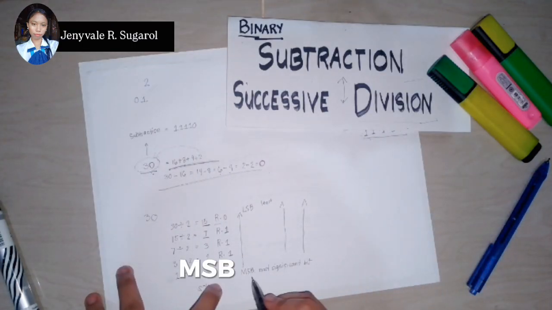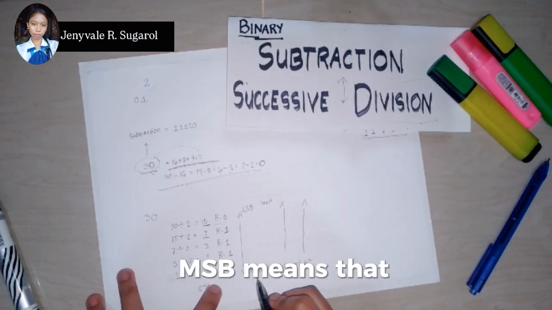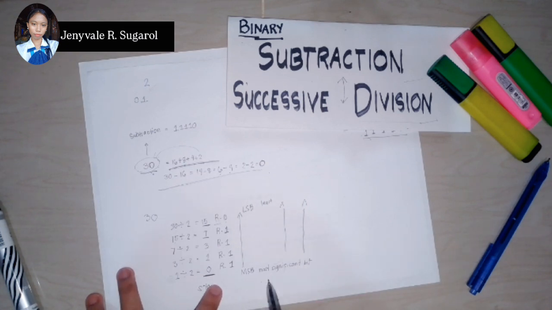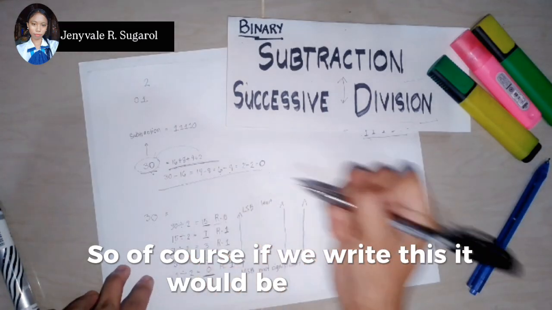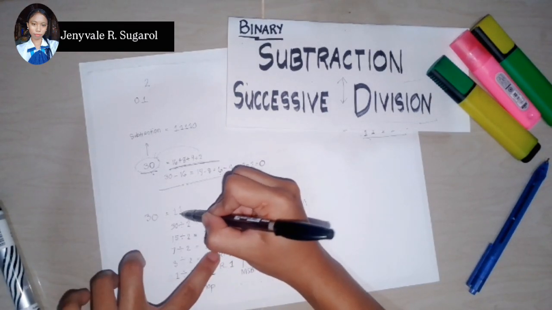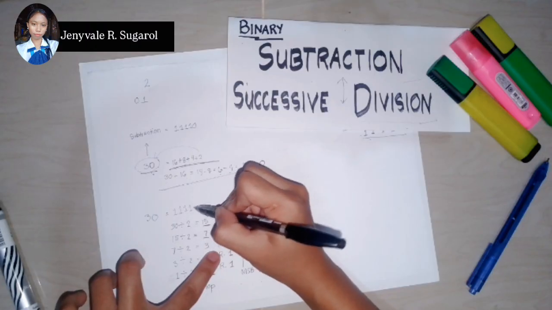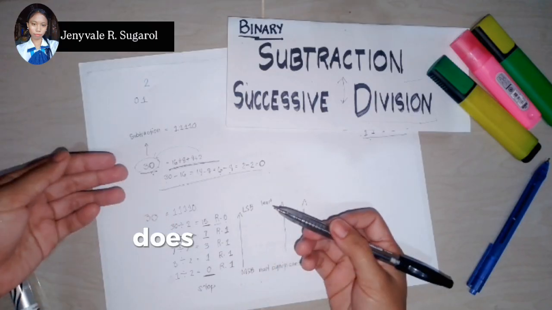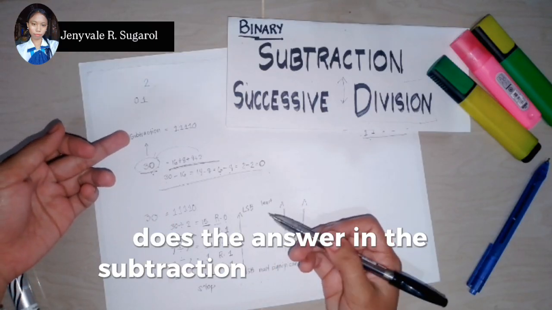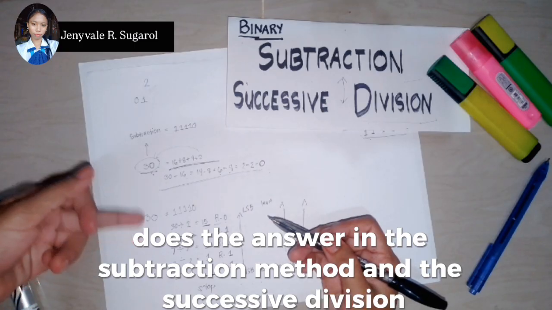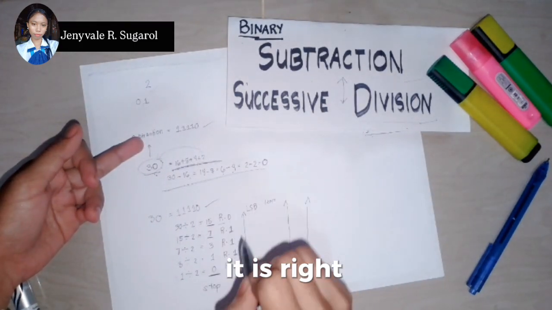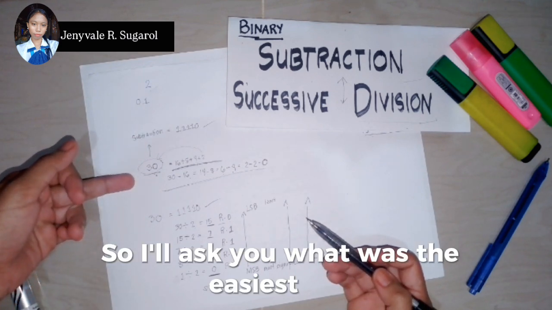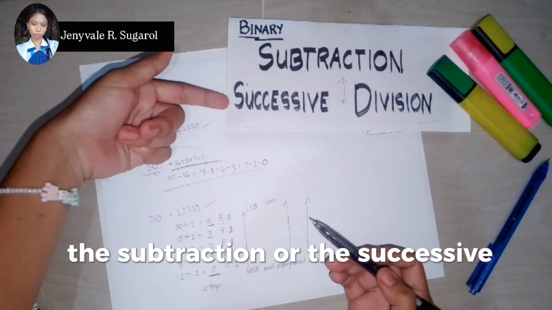MSB means that this position holds the highest value. So of course, if we write this, it would be equal to 1, 1, 1, 1, 0. So are the answers in the subtraction method and the successive division the same? Yes, it is right. So I'll ask you, what was the easiest way? The subtraction or the successive division?